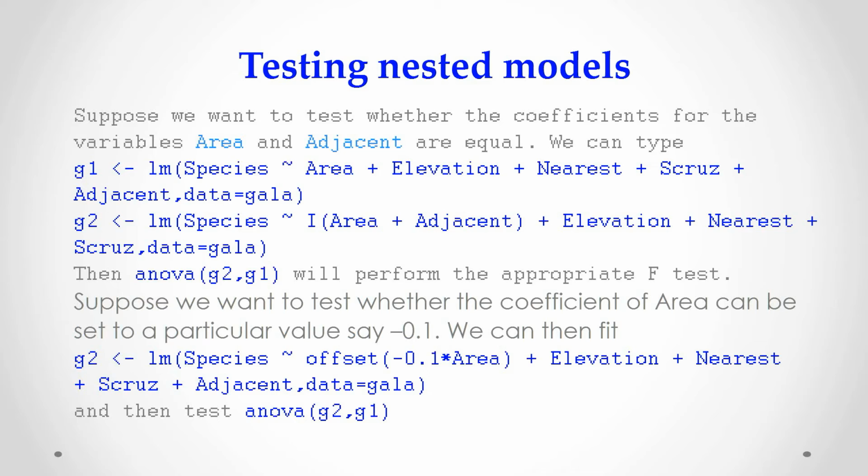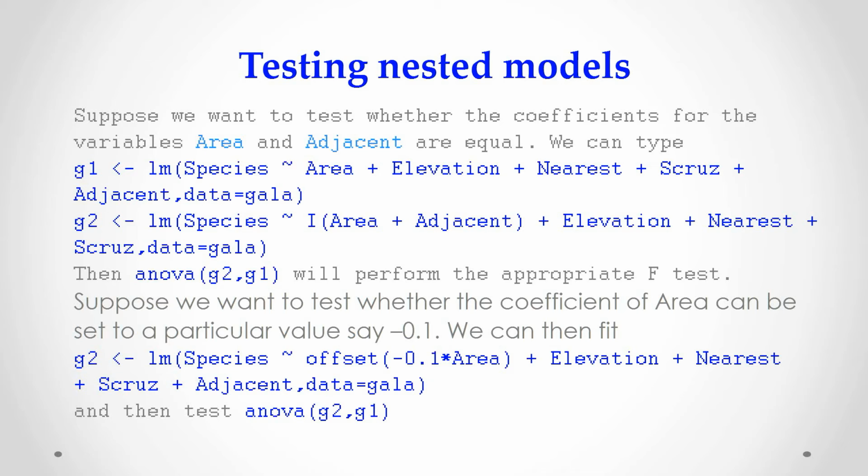This forces the coefficients of these two variables to be equal. Now again, because we have nested models, we can use anova(G2, G1) to get the corresponding significance values.